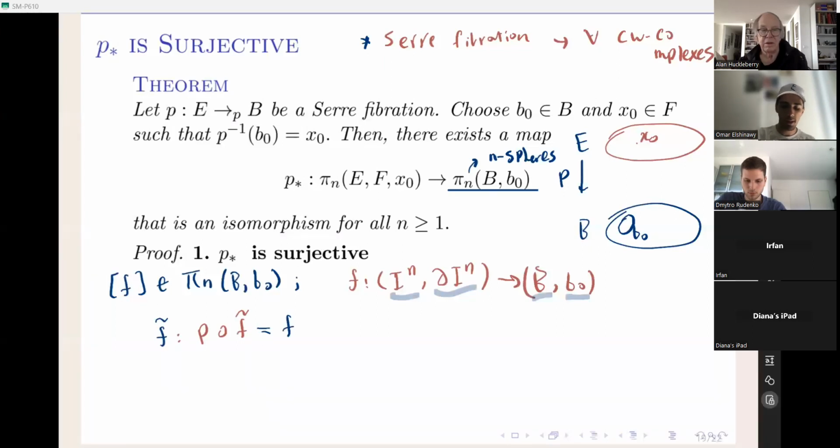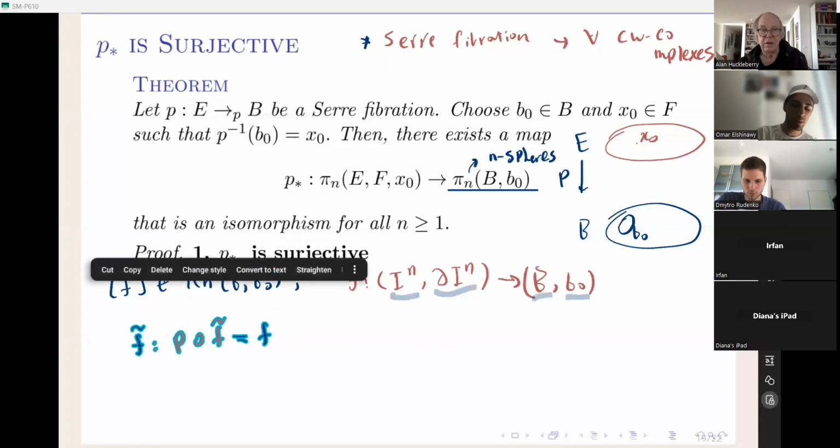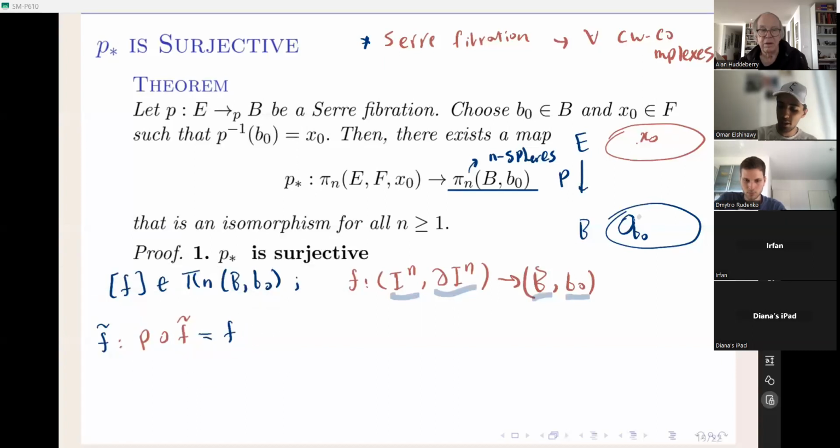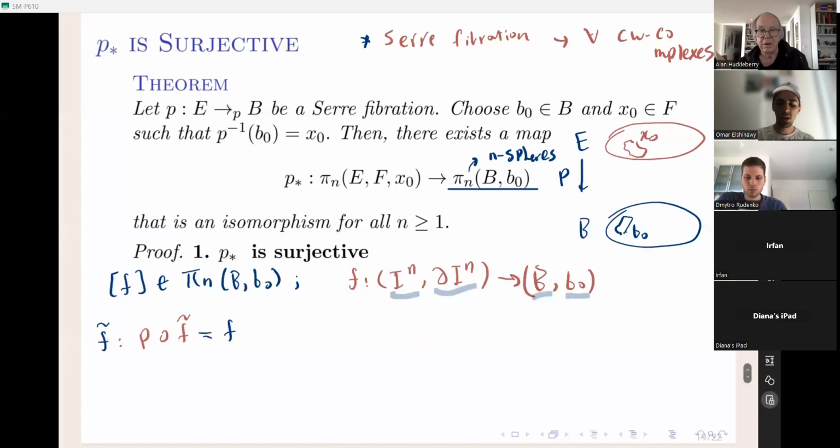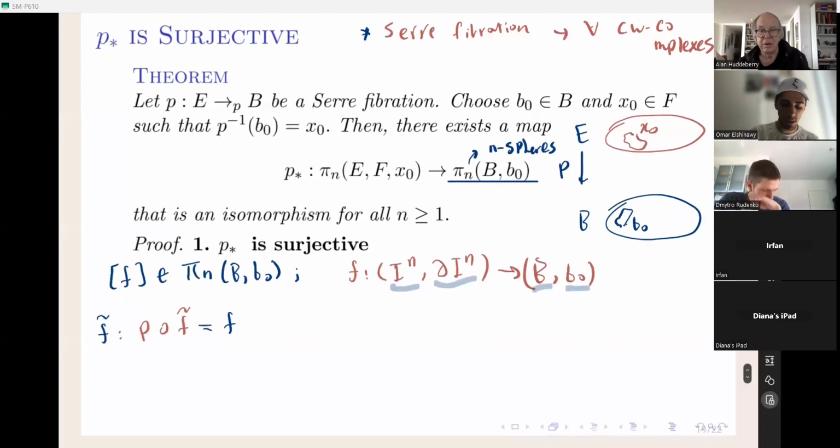And luckily, we might be able to do that if we use the base points. So we construct a map initially, just to see it. We can look at the identity on X naught and see what it does.